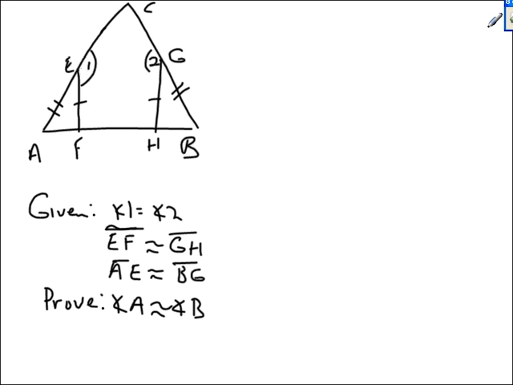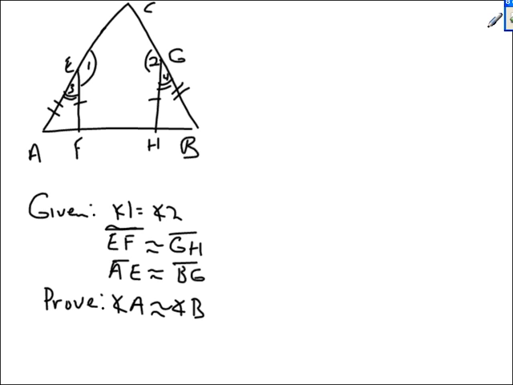Okay, and the idea is that supplements of equal angles are equal. That is, whatever angle 3 is, it must be the same as angle 4. And if that's true, and it is, let me put 2 slashes.